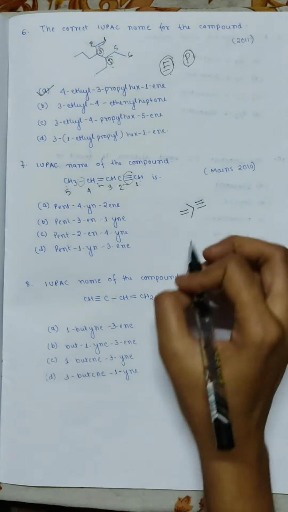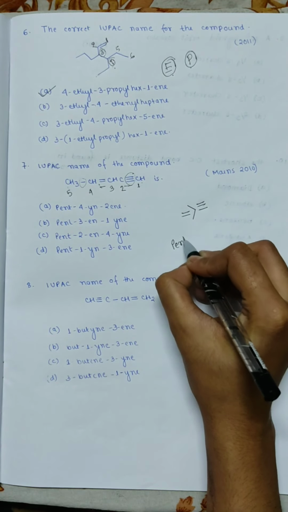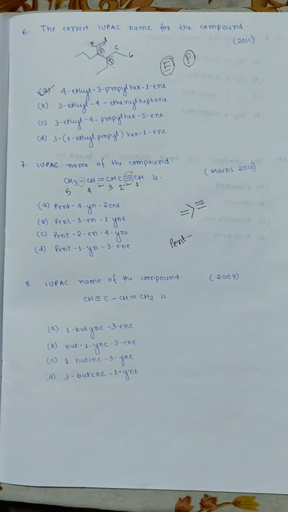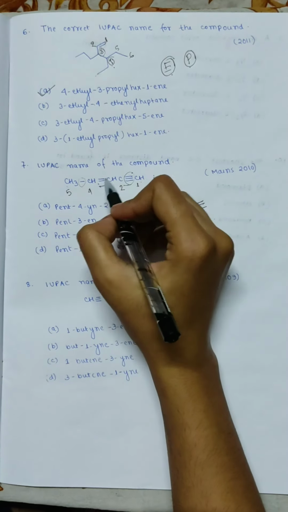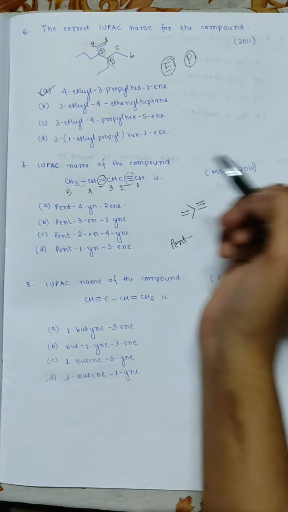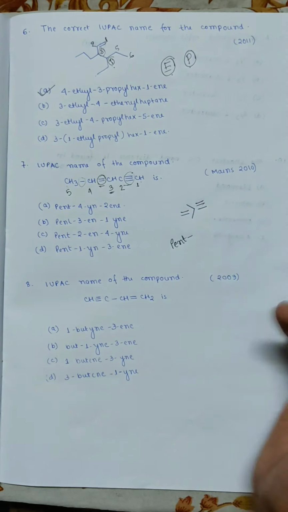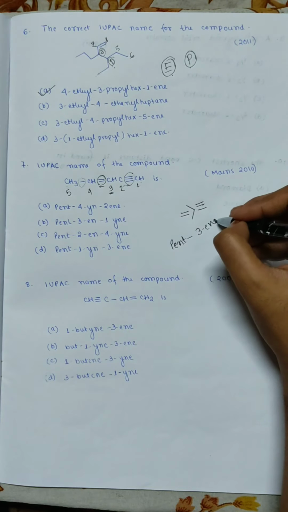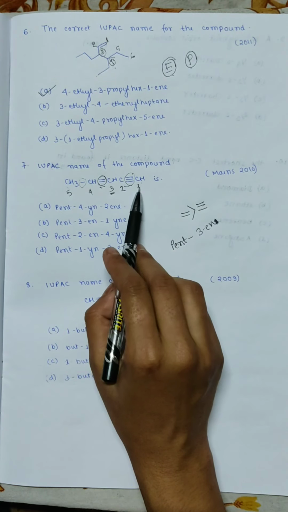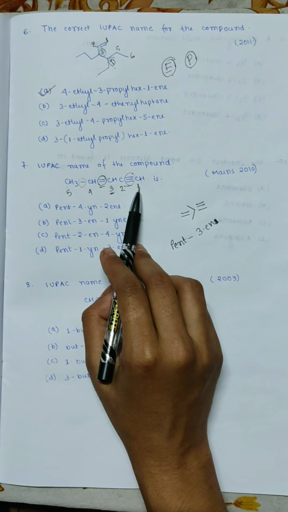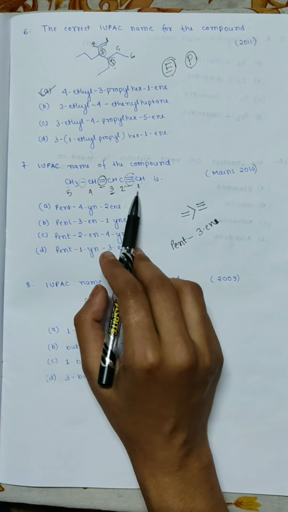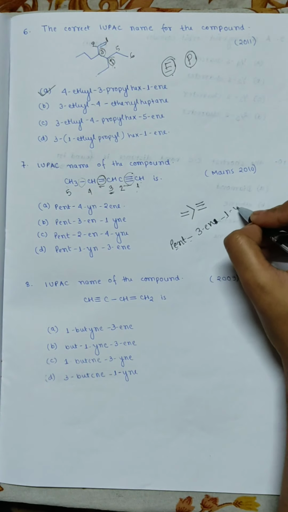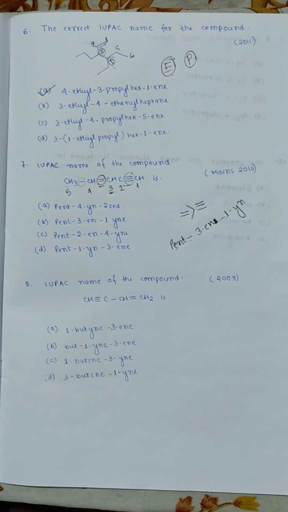So the name will start from pent. Let me see what will be there after this. There will be pent-3-ene because there is an ene group attached to carbon number 3. And there is one triple bond attached to carbon number 1, so there will be pent-3-en-1-yne.